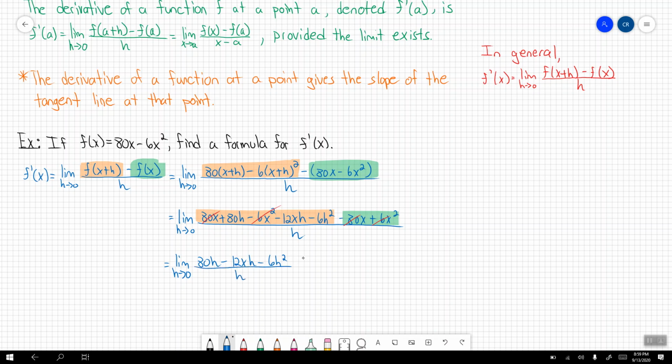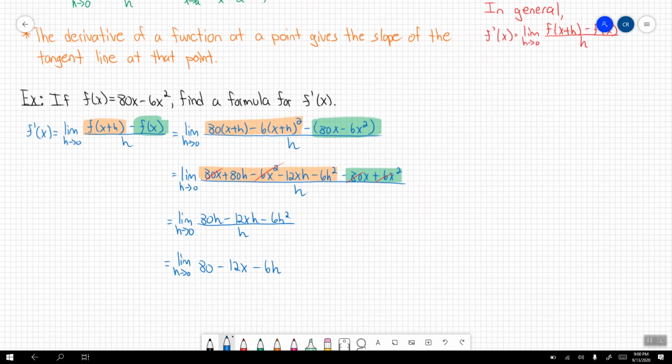Now notice every single term has an h, which means we can factor and simplify every term that has that h, and we're left with 80 minus 12x minus 6h. Now when we take the limit as h approaches 0, the last term approaches 0. In other words, we're only left with 80 minus 12x.